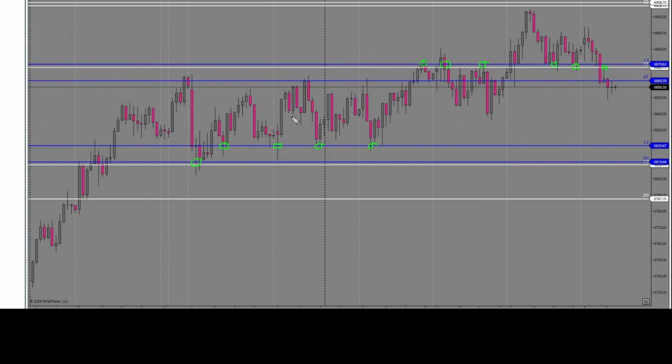So remember, blue is for SPY and white is for SPX. Both are recalculated and transformed every day for use in the ES and NQ futures markets.